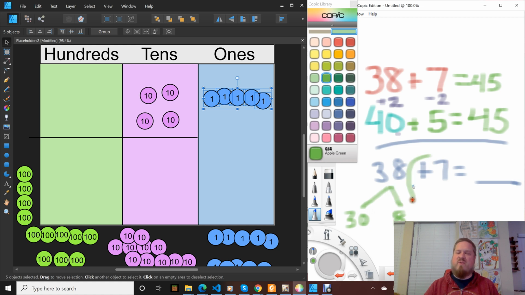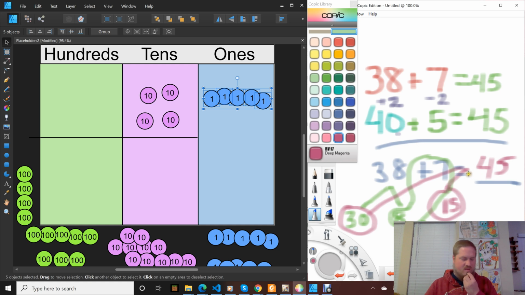And then, if you remember, that 8 plus 7 is equal to 15. Remember that 8 plus 7 is 15. Then we have 30 and 15 go together to make 45. It's the same thing. So there's different ways you can break the problem up in your head.